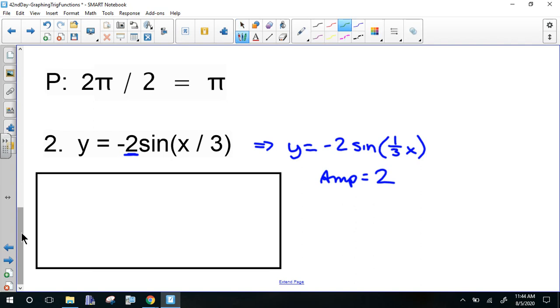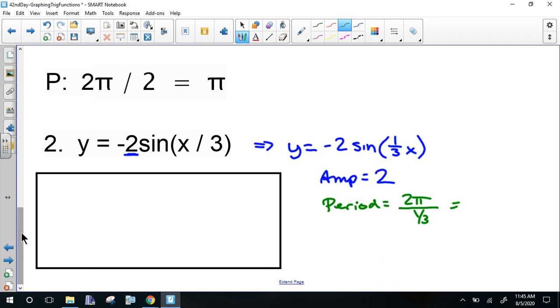My period is going to be 2 pi divided by 1/3. Remember, to divide by a fraction, the rule we learned in elementary school or middle school was flip it and multiply.